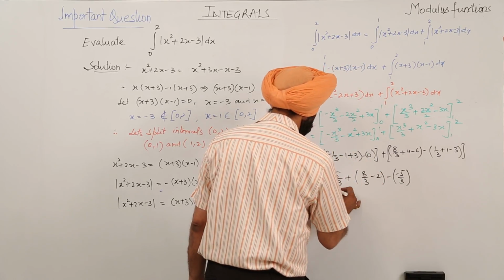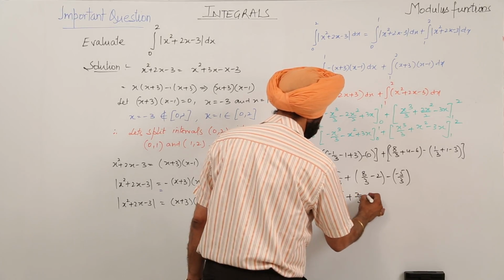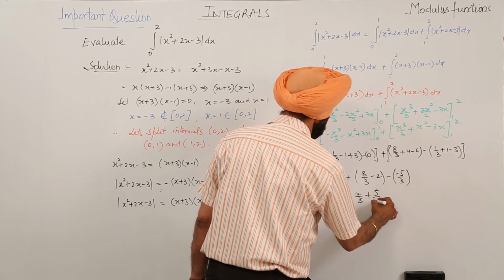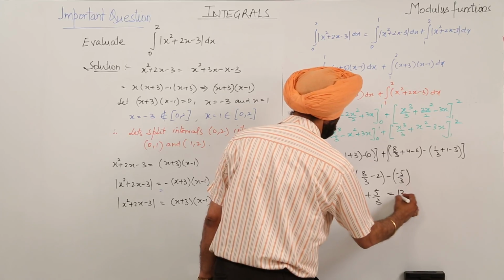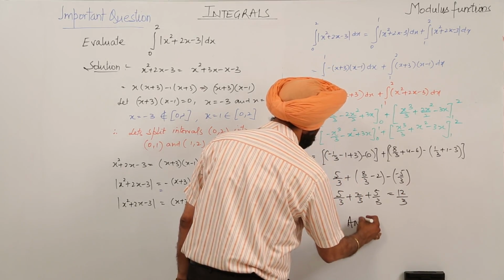Okay. So now this becomes 5 by 3 plus 2 by 3 plus 5 by 3, this is equal to 12 by 3 and this is equal to 4. So this is the answer.